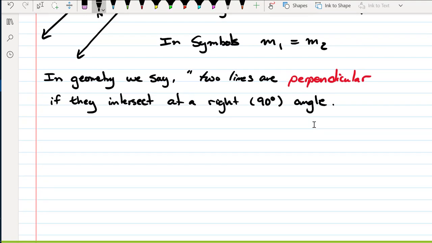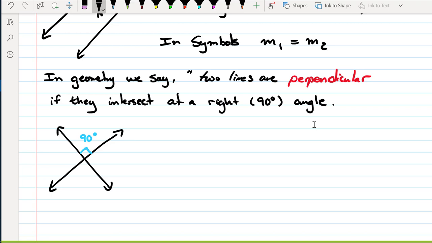So in terms of our picture then, we would have our two lines, and they would intersect, and specifically, they would intersect at a 90-degree or a right angle.